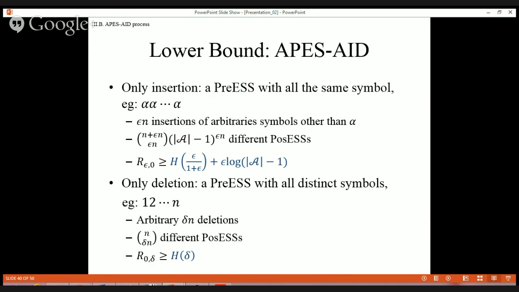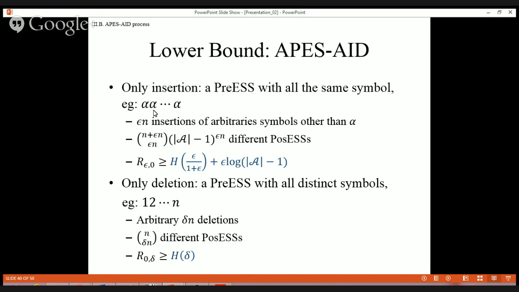Here we show some intuitions for the only insertion process and only deletion process. For the only insertion process, the pre-added source sequence which will give a large post-added set is a sequence with all the same symbols.